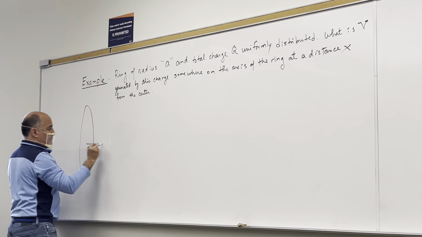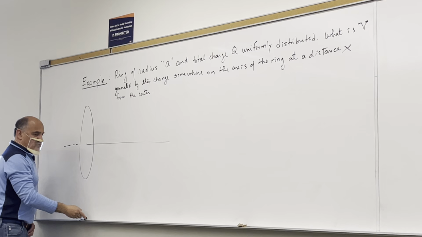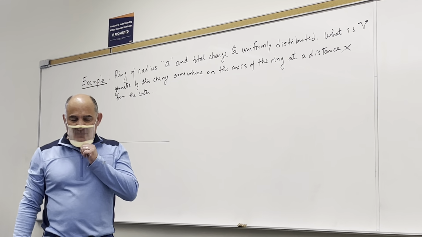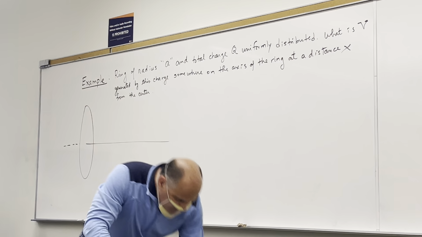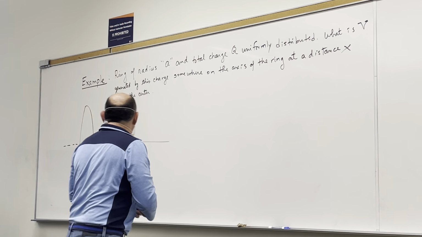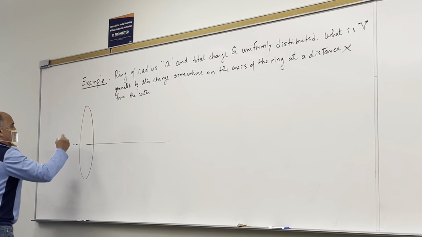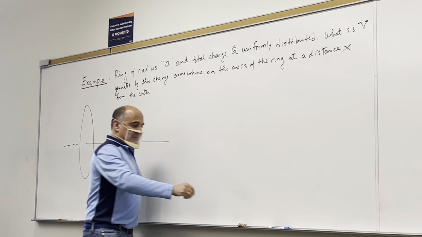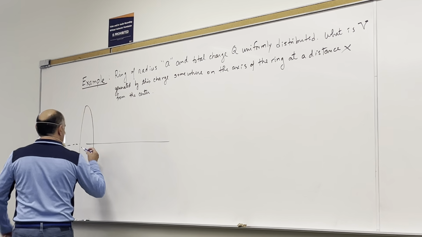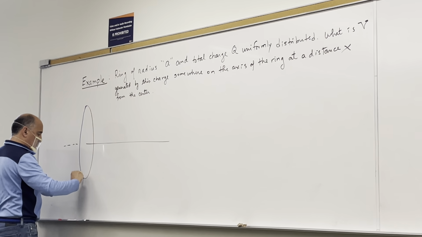So imagine you have a ring like this, right? And charge is distributed uniformly throughout this ring. So there's charge in this ring.